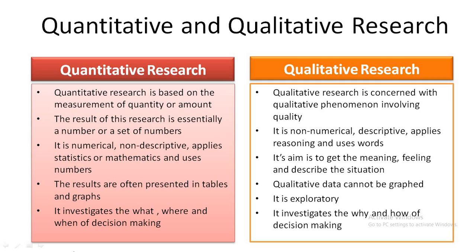We can understand the basic difference in these two research types with the help of the recent situation of coronavirus. That is, we are hearing in the news that the positive cases of coronavirus in Pakistan are exceeding day by day. For example, at the present situation, the cases are 12,000 in the country.